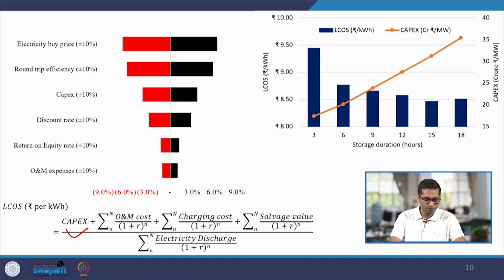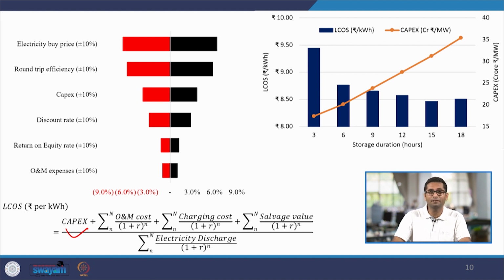And normally you could also have a sensitivity analysis done, where you can see which parameters have the most effect on the final LCOS. What you see on the graph on the left-hand side is the LCOS, and you can see the electricity price, which is 3 rupees per unit, which we have taken, has the maximum effect on the final LCOS. Then we also have the efficiency.